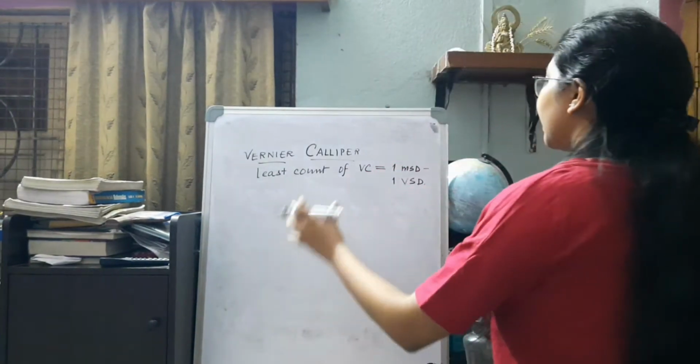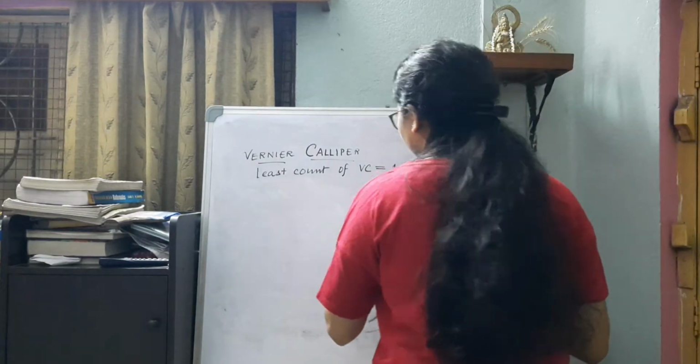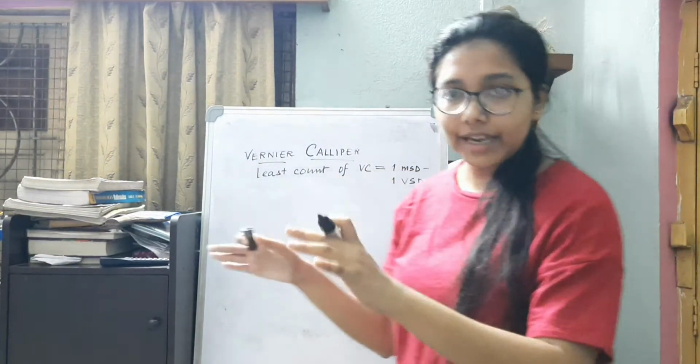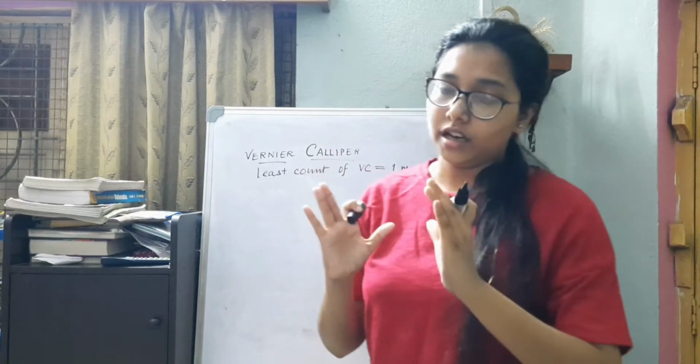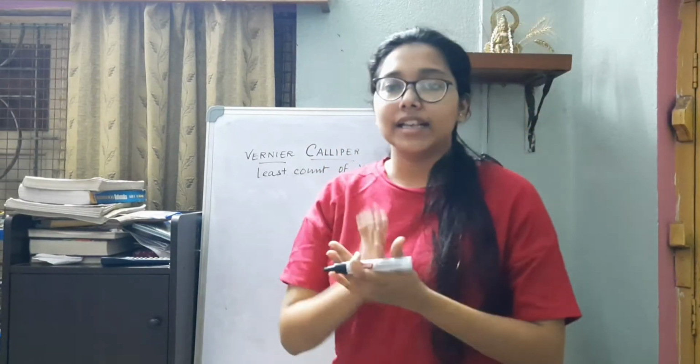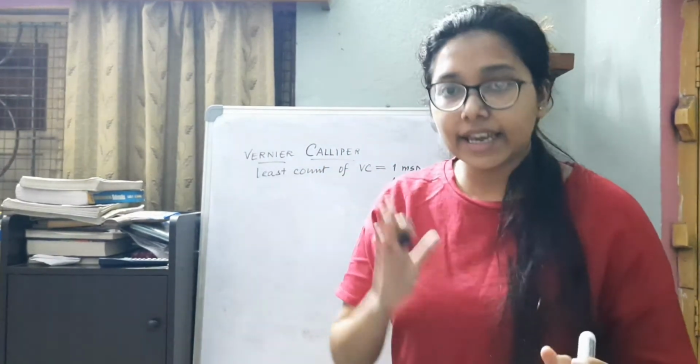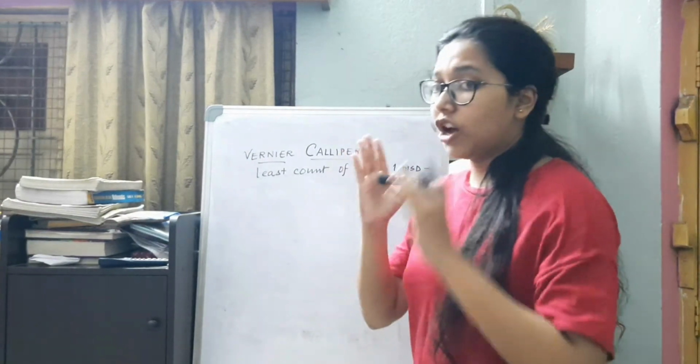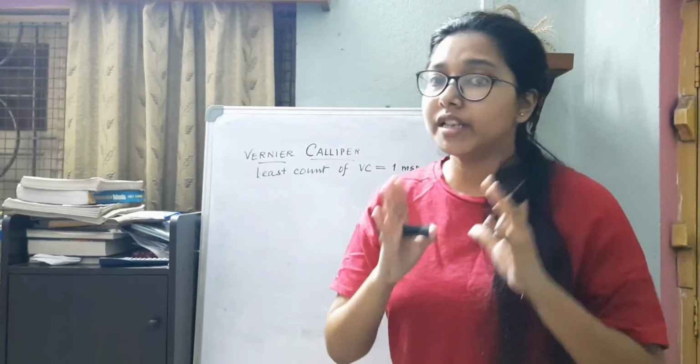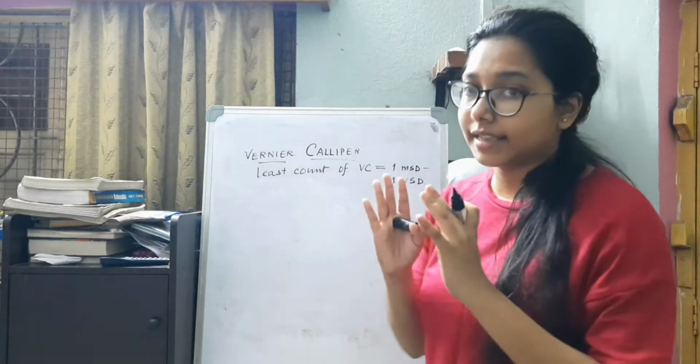The vernier caliper is designed in such a way that it basically consists of a main scale and a vernier scale. The vernier scale is a movable scale which will move on the main scale.